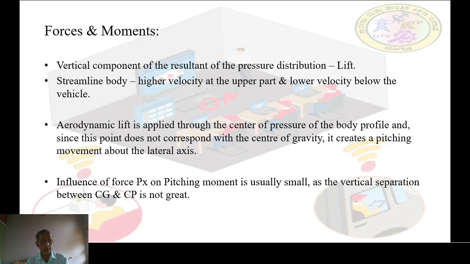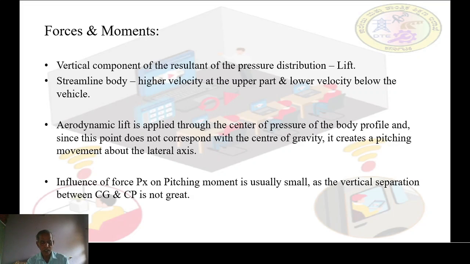Next topic, forces and movements. Aerodynamic lift, yaw, and pitching movement. The vertical component of the resultant of the pressure distribution is called lift. In a streamlined body, there is higher velocity at the upper part and lower velocity below the vehicle.